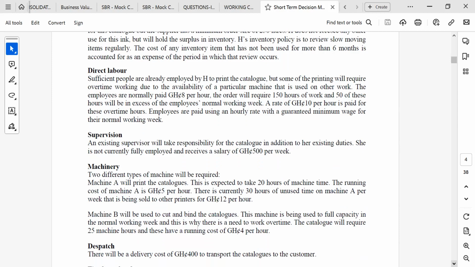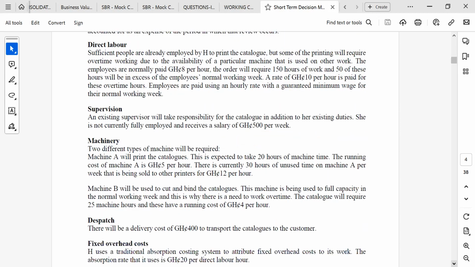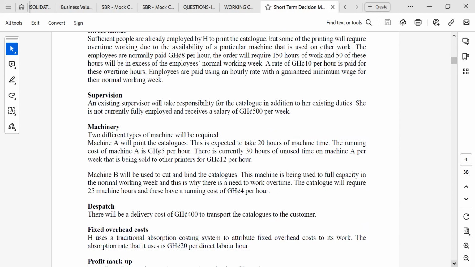Machine B. Machine B will be used to cut and bind the catalogs. This machine is being used to full capacity in the normal working week, and this is why there is a need to work overtime. The catalog will require 25 machine hours, and these have a running cost of 4 cedis per hour. Dispatch. There will be a delivery cost of 400 cedis to transport the catalogs to the customer.